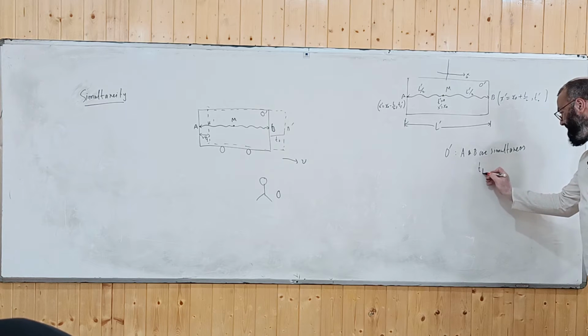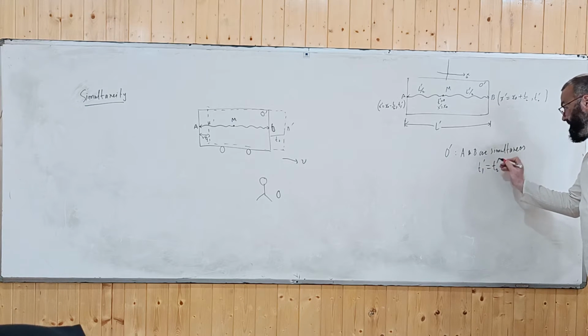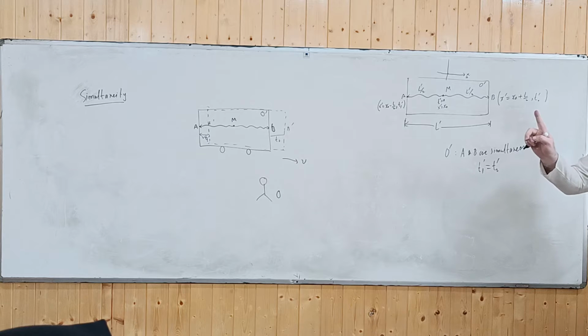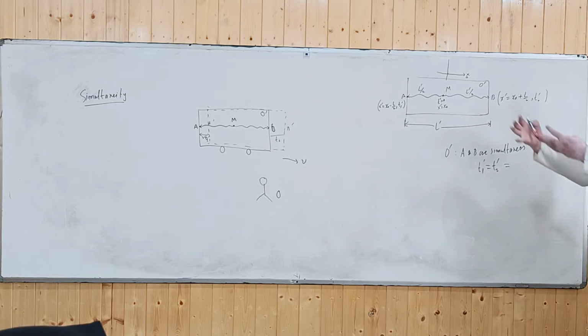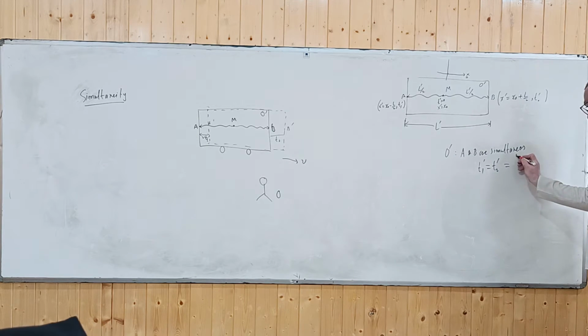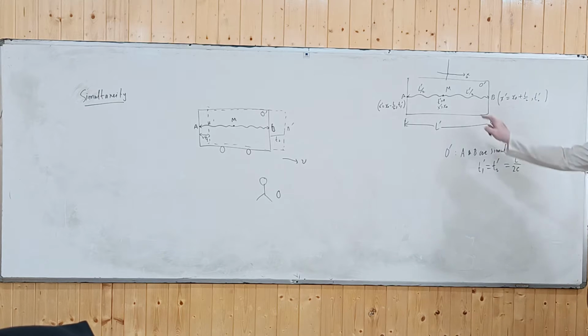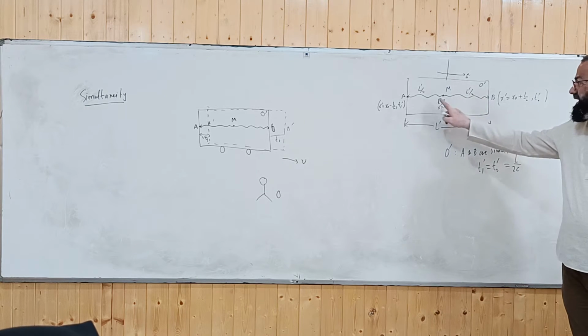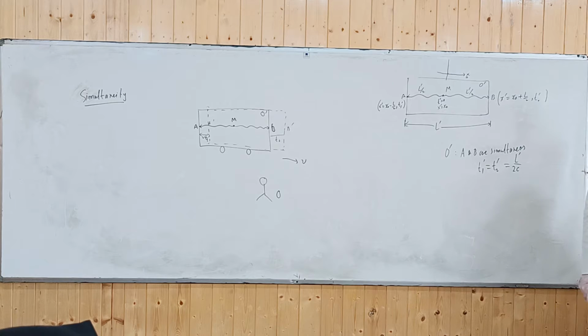It means t1 prime is the same as t2 prime, because it will take the same amount of time to reach both ends. How much is that? L prime by 2 divided by c, distance by velocity of light. So it is L prime by 2c. This is the amount of time it takes to reach from point M to point B, or point M to point A. They have to be the same.